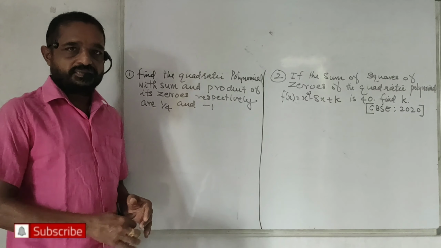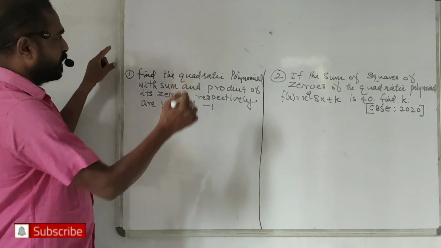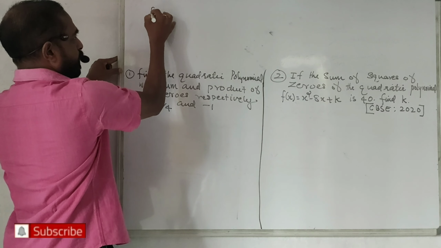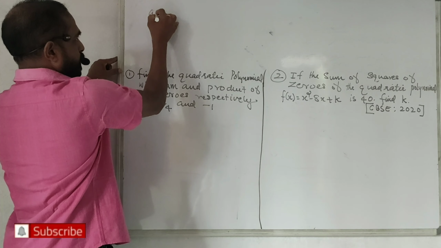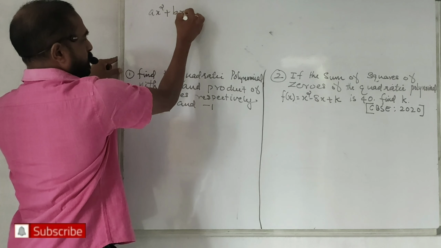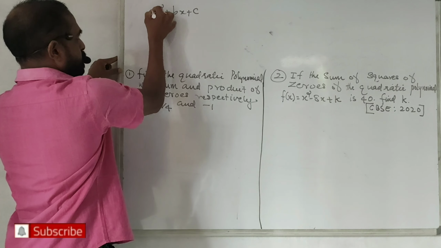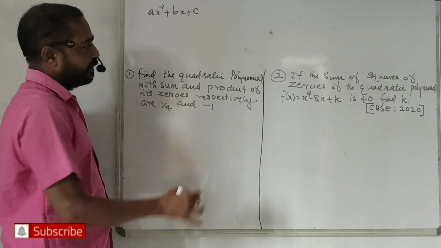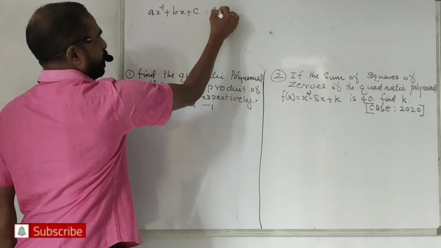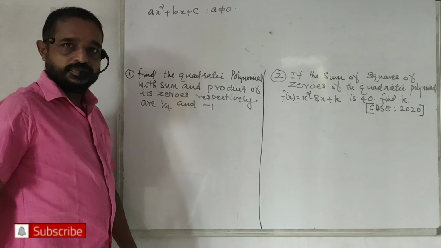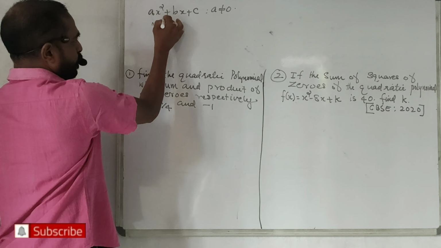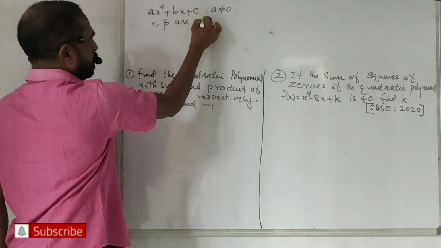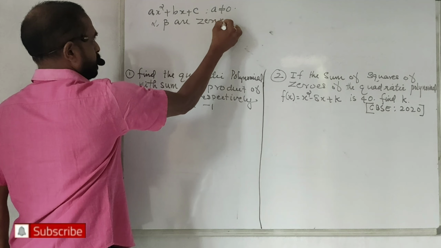In our last lecture we have seen that for a quadratic polynomial, ax square plus bx plus c is the general form of a quadratic polynomial where a is not equal to 0. So let us assume that alpha and beta are the zeros of the polynomial.